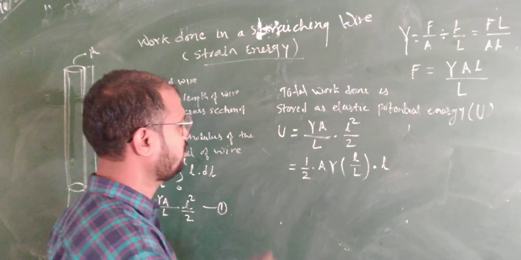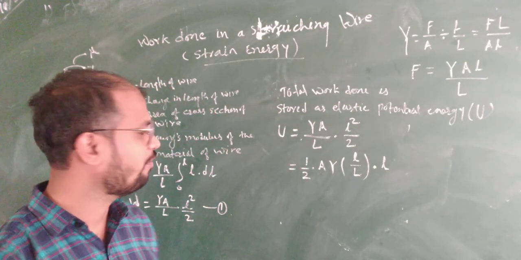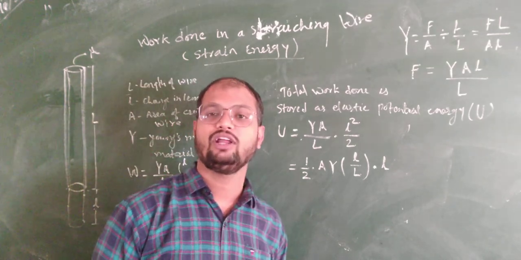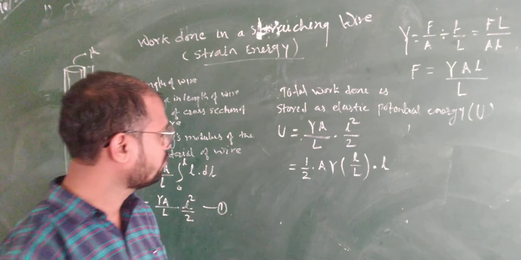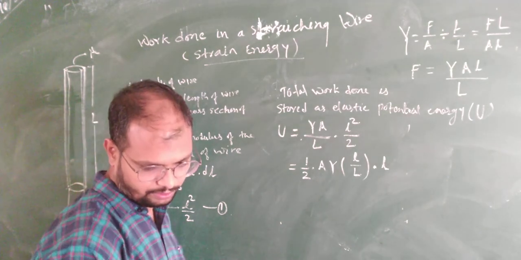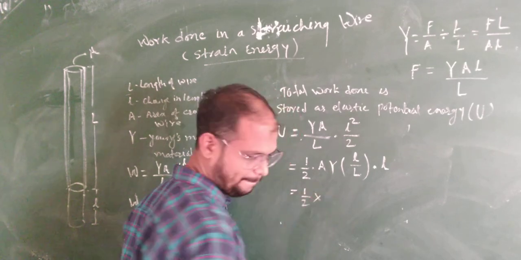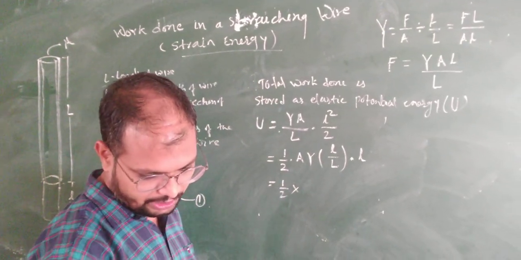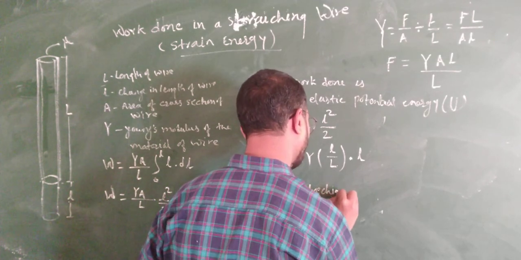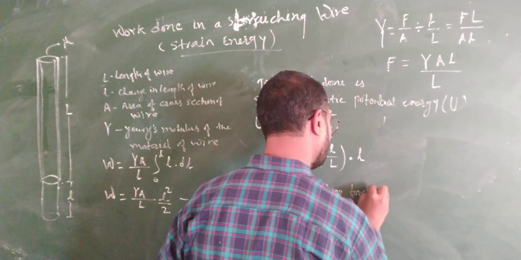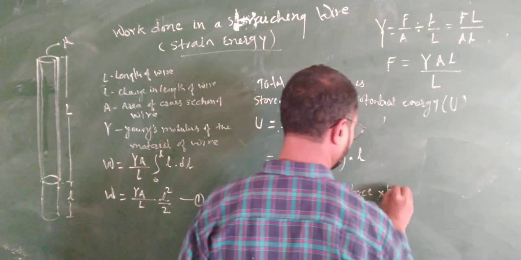This equation can be represented as half into A into Y, in brackets small l upon capital L, into l. So from this we can say that it is half multiplied by the stretching force into the extension.